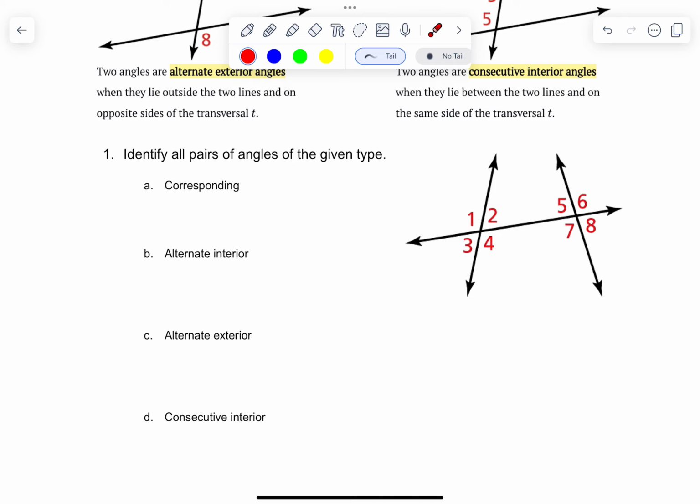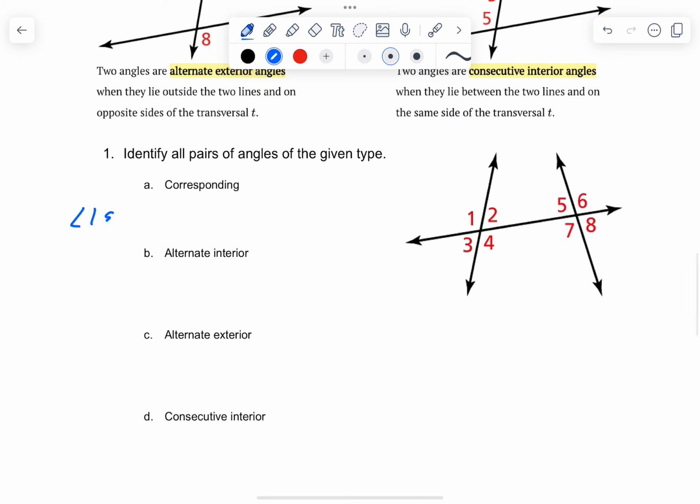Okay, so corresponding. So remember, I like to think of it that transversal cuts this into two sets of angles, and so corresponding are the ones that are in the same position. So top left, top left. So angles 1 and 5, angle 1 and angle 5.